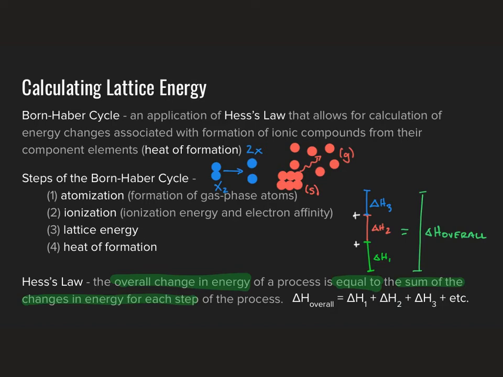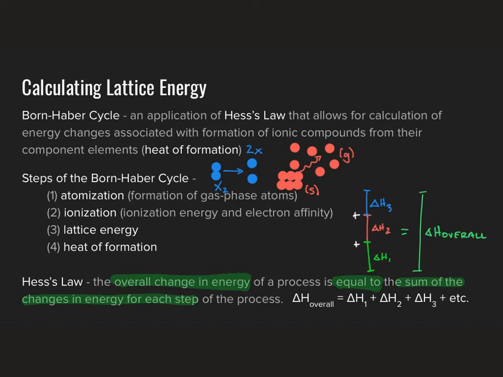So we've got atomization, that is, we form gas phase atoms first. Second, the second step is ionization. We're going to take those gas phase atoms we previously formed in the first step, and we're going to ionize them into either cations, in which case we'd be dealing with an ionization energy step by removing electrons to make those cations, or via an electron affinity step, in which we're going to form anions by adding electrons to those gas phase atoms we formed in the atomization step.